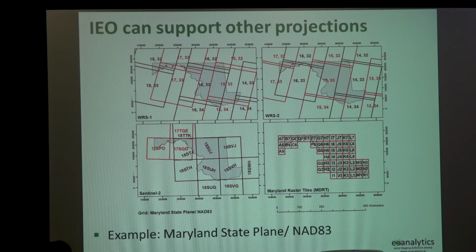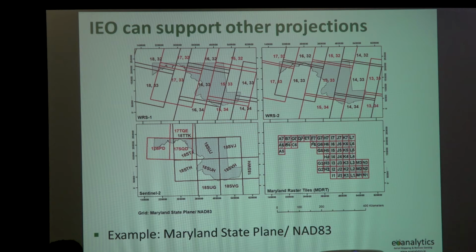So moving on, I also made it so that it can support other projections. Well, maybe not so easily, but it's a relatively straightforward process to modify IEO so that it doesn't support Ireland, but instead can support something else, like, for example, the U.S. state of Maryland. In this case, the projection would be Maryland State Plane, NAD 83.